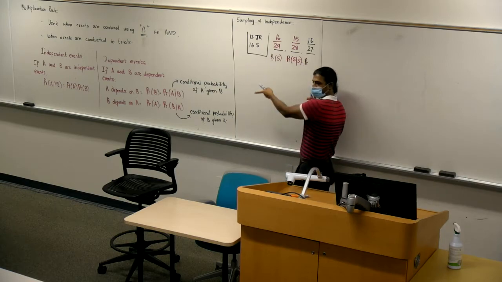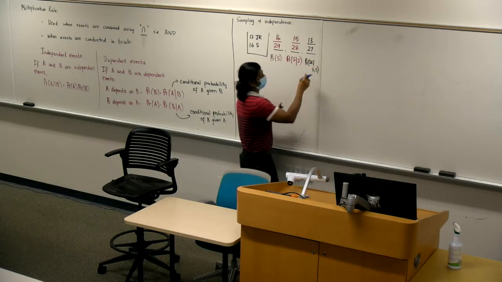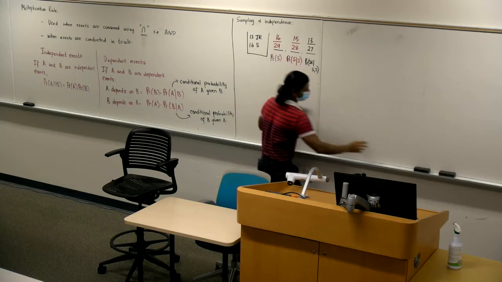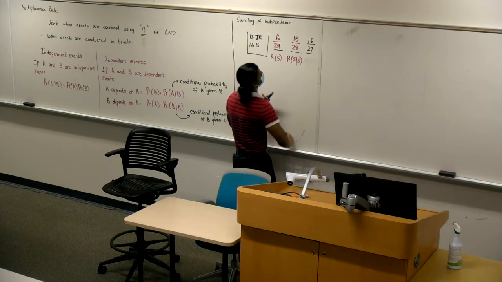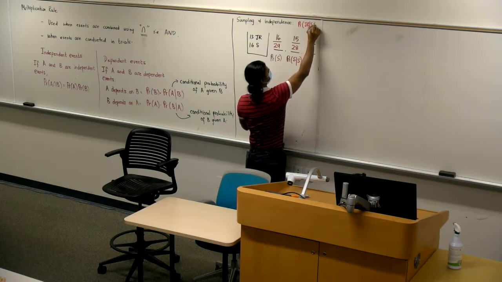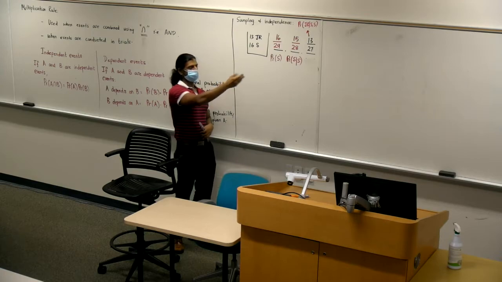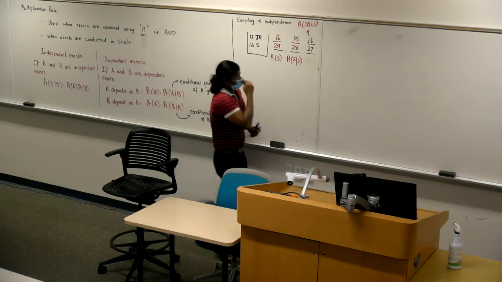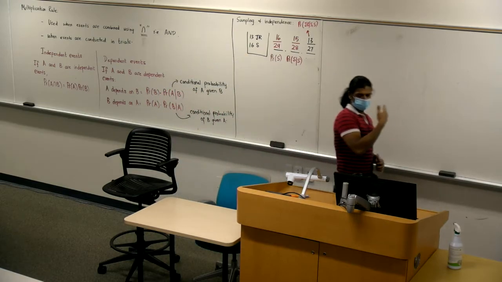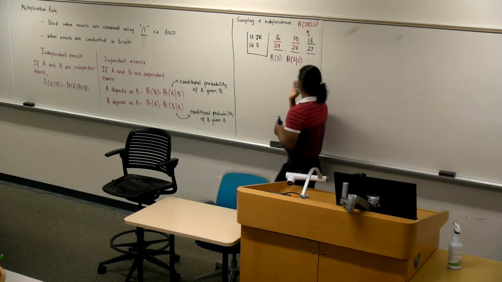It's the probability of JR given first Skittles, second Skittles, and so forth. If you have 100 trials, we can keep on writing this out, but we have other ways to deal with it.